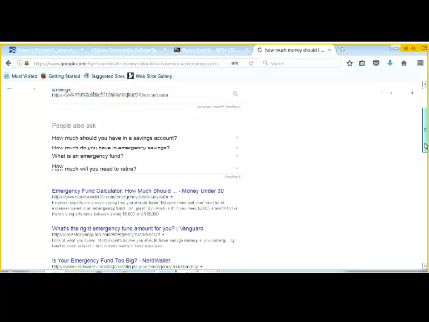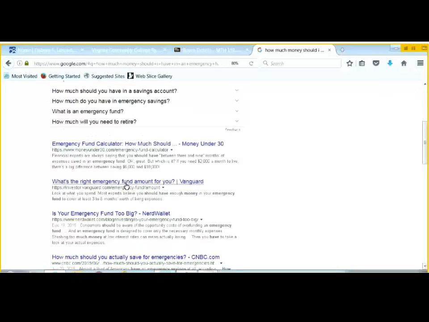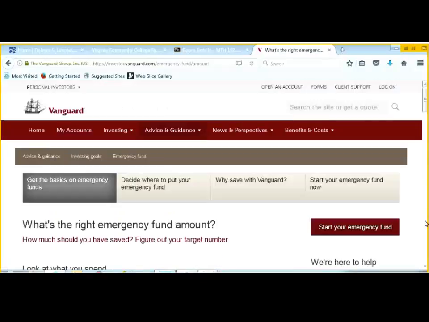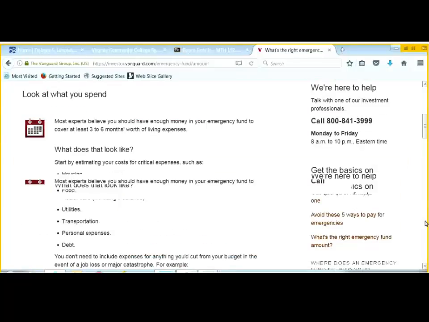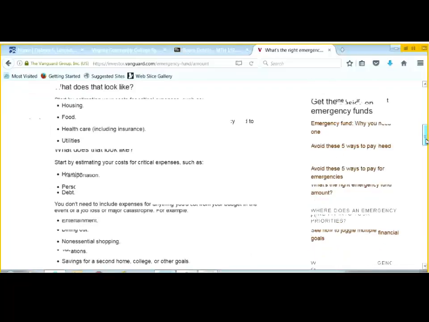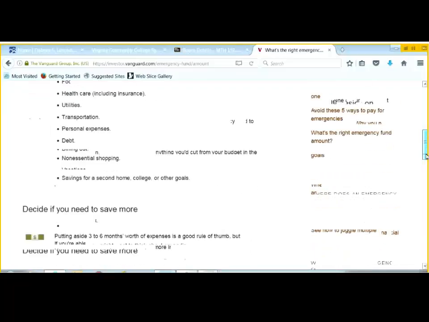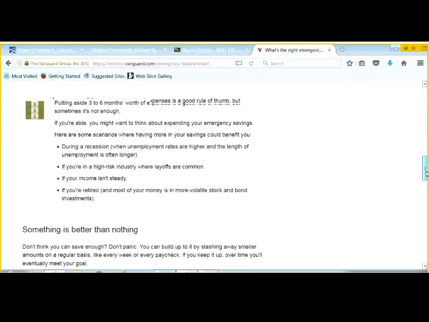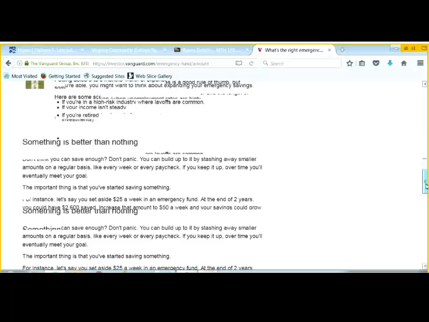I would look for something from somebody who's reputable, like Vanguard. That's a well-known investment fund. Yes, so they're saying 3 to 6 months worth of living expenses. And it talks about these kinds of things, and it says something is better than nothing.